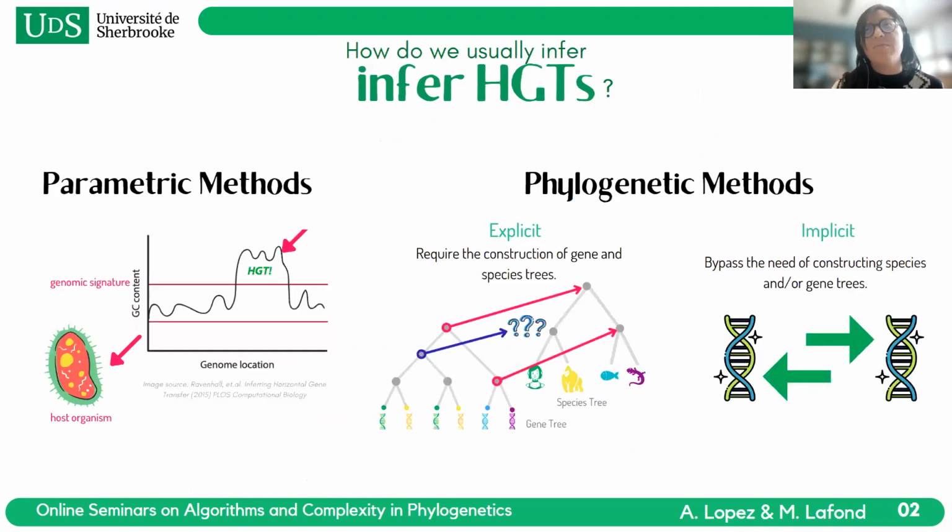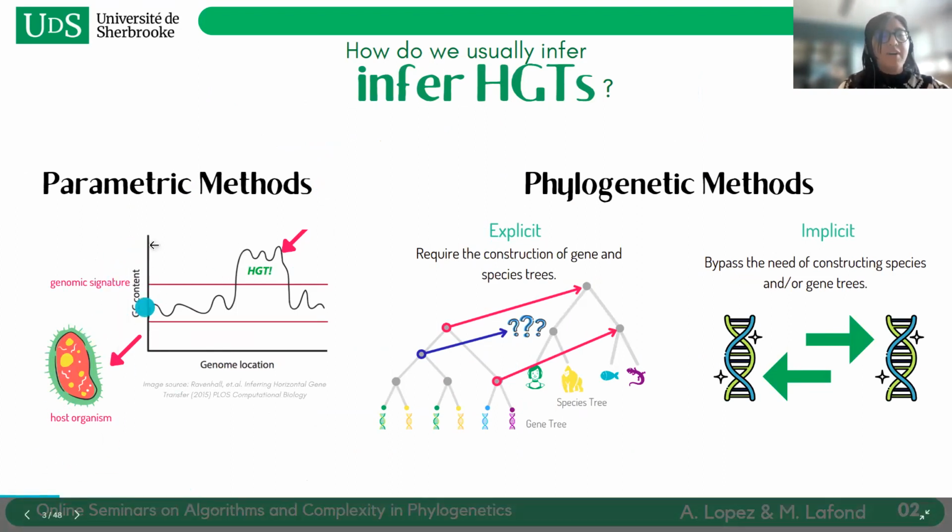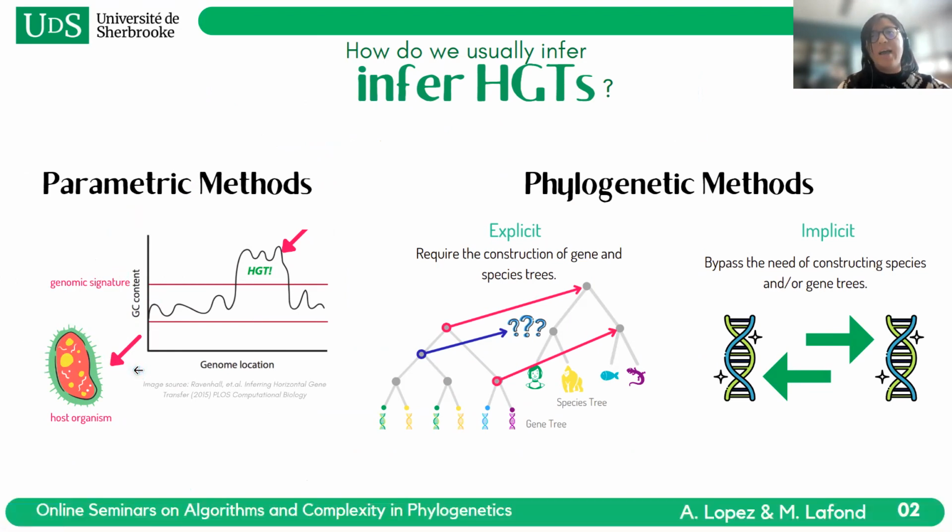So to study this phenomenon, basically two approaches based on sequence data have been developed. First, the parametric methods, which study genomic signatures of the host organisms, for example, GC content, and when a fragment of the genome deviates from the usual, for example, in here, these outliers could pinpoint possible HGT events.